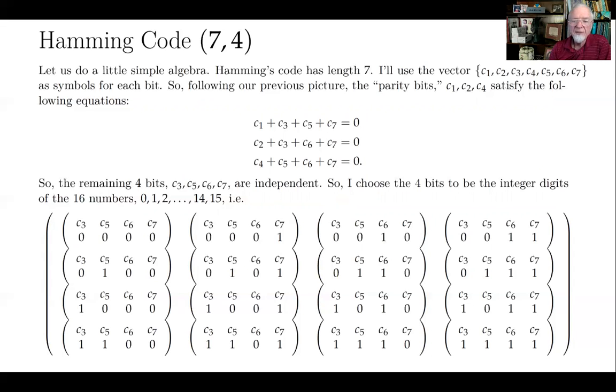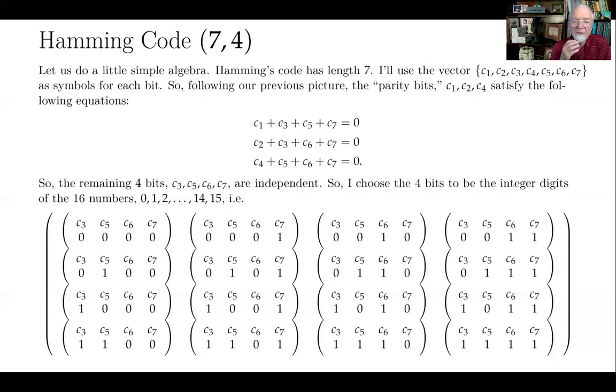Okay, so I'll use a vector of all 7 bits as C1 to C7. And we're going to embed the parity bits in a weird order. P1 will be C1, P2 will be C2, and P3 will be C4.